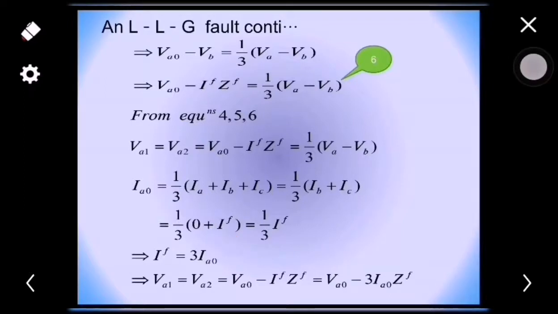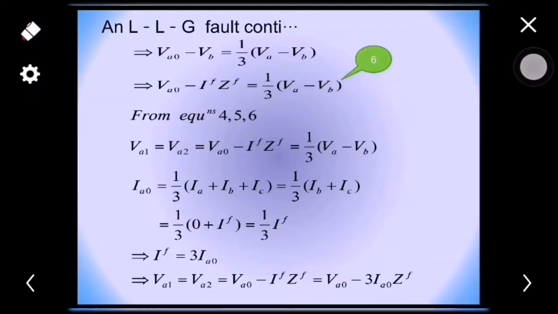And that's why I can say the fault current is 3 times the zero sequence current. Now put the value of the fault current from this equation into this equation. So at last we have a very important relationship, and that is VA1 equal to VA2 equal to VA0 minus IF into ZF, or I can state VA0 minus 3 times IA0 into ZF.